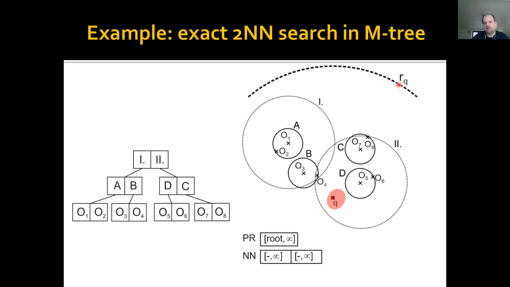So the query radius starts somewhere here, it is infinite, and we start to process. Every step starts with popping the entry in the PRQ, which here is the root in the first step.